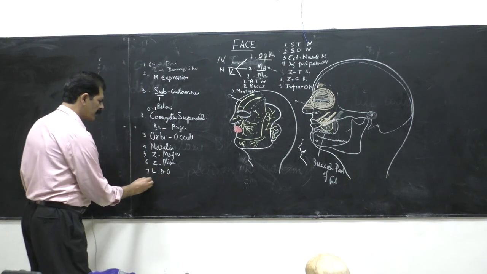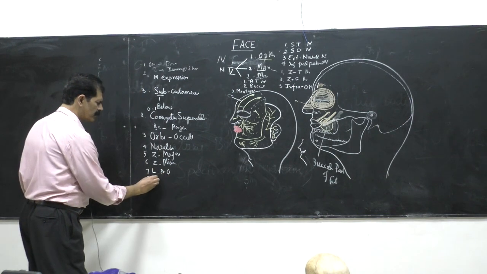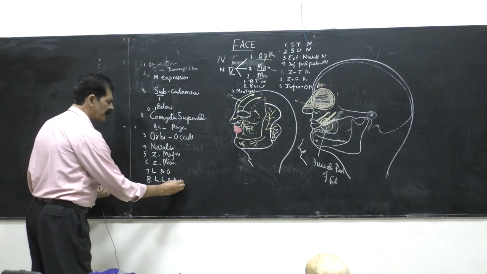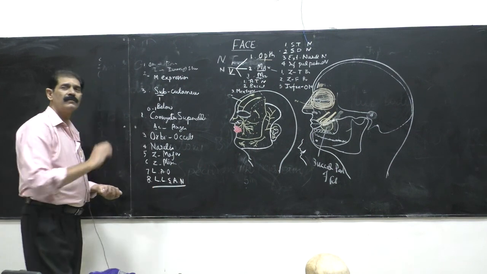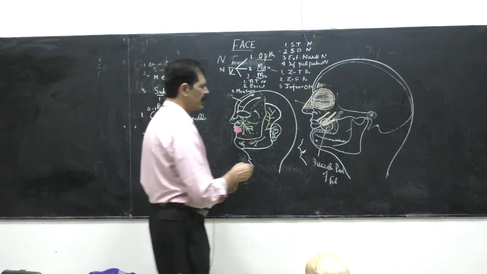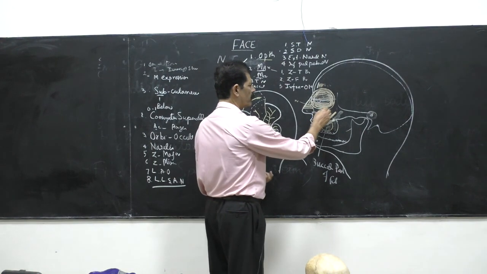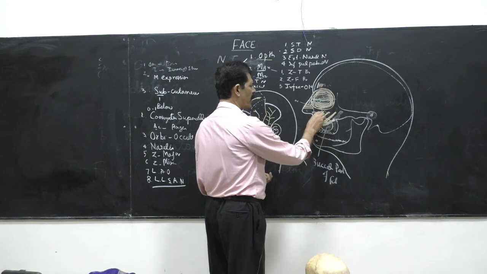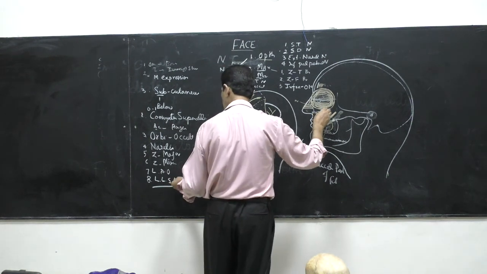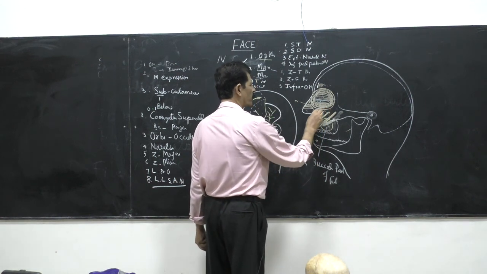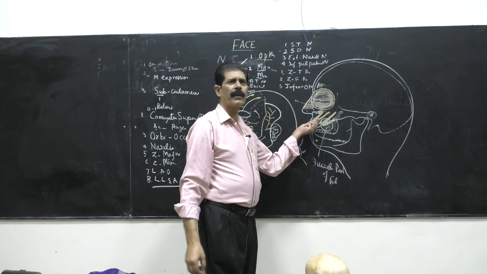Then the longest name of a human muscle: levator labii superioris alaeque nasi. This muscle also takes origin from the maxilla bone and is inserted over the ala of the nose and the upper lip. So this muscle is inserted over the upper lip and the nose.